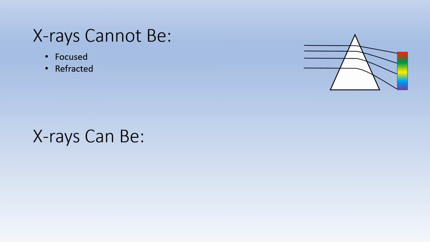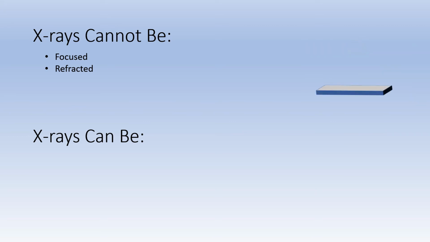X-rays cannot be refracted. They cannot be divided into bands of distinct energies, even though all X-ray beams contain rays with different energies due to Bremsstrahlung interactions. Like light in a mirror, X-rays cannot be reflected. X-rays can be scattered, which means they change direction, but only in a random fashion.